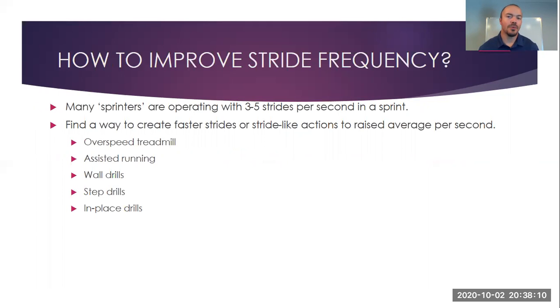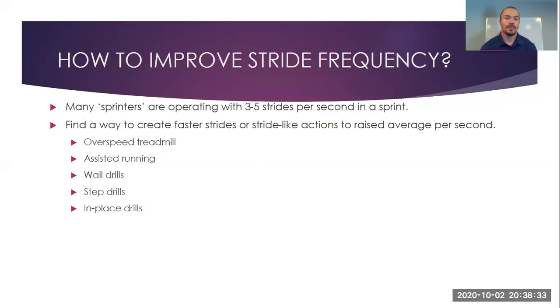So if we wanted to improve stride frequency, how do we go about it? Well, I'll first warn you that many sprinters are already operating with 3 to 5 strides per second in a sprint. Now you can improve that turnover rate, and one way to do that would be an overspeed treadmill.